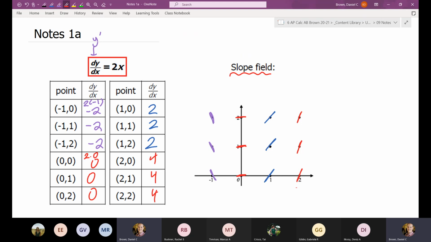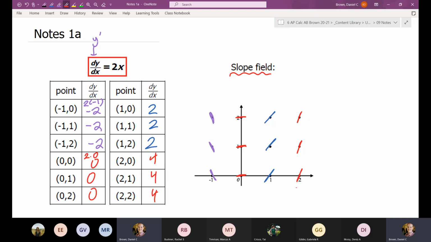I know I had one this year that had a slope field, and I just had to look for slopes that were horizontal should be horizontal, slopes that were positive should be increasing, and slopes that were negative should be decreasing. To be more exact, all the ones that have the same slope should be parallel, but when you're doing it by hand, that's not really necessary.